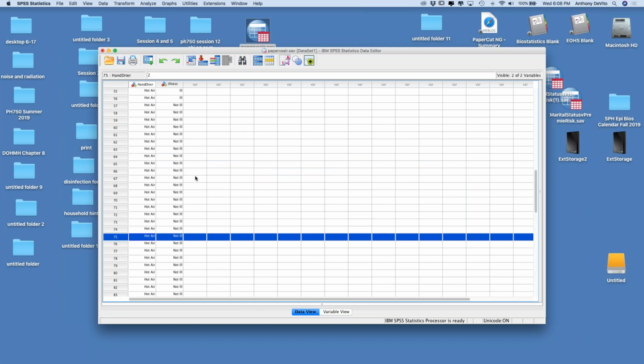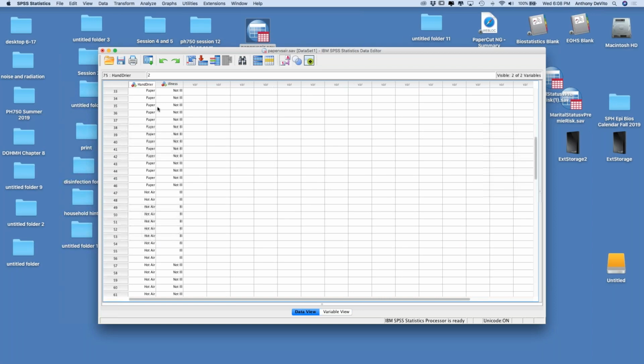So what kind of statistical test can I do here? I have something that can wind up being a 2x2 table. In other words, hand dryer type is in the rows, and whether a person got sick or didn't get sick is in the columns. So I can make a contingency table.